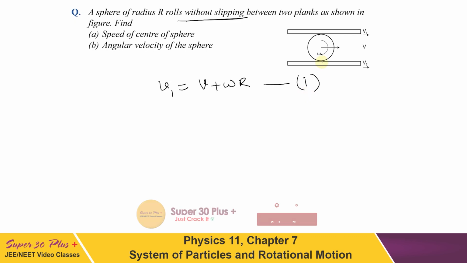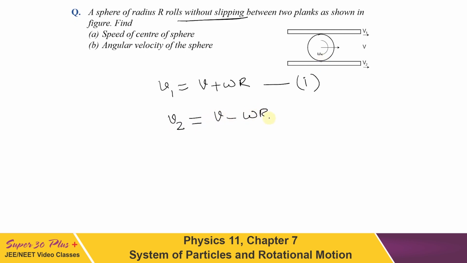Now let us consider this point also, because here also the sphere is in contact with the Planck, and this time the Planck is having velocity v2. What about the contact point? Here, this must be having velocity v minus omega r. As you can see from the given situation, omega is in this direction.